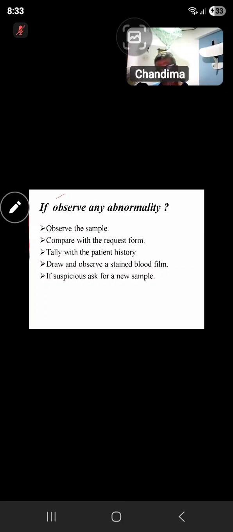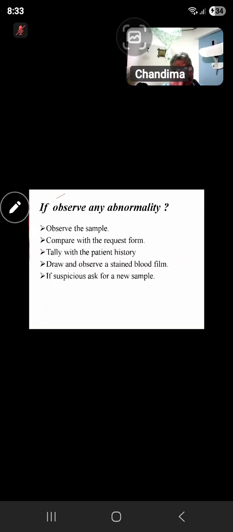Platelet clumps are seen, and abnormal giant platelets are seen. High WBC is seen along with toxic granulation, or a high WBC count is seen with a mild left shift. Likewise, draw a blood film and see. At that time, you can correct most of the errors that occur in a full blood count report.